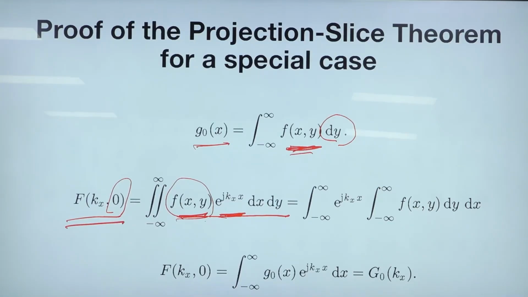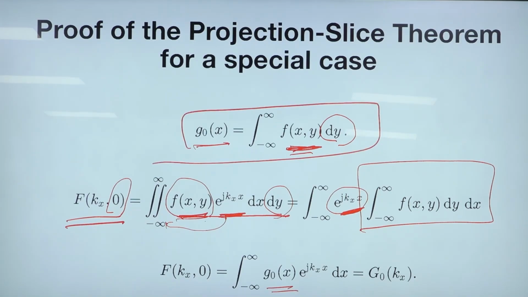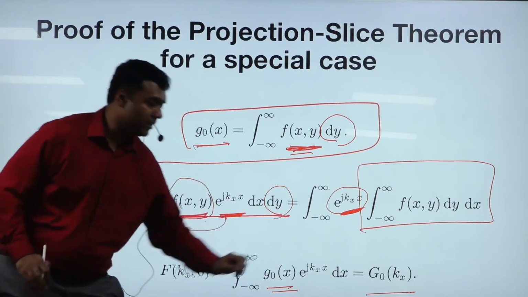Because e to the j kx x has no y term, you can take it outside the integral over dy and do a separation of variables in some way. If you do this, you get the projection data, which is basically the Fourier transform of the data.